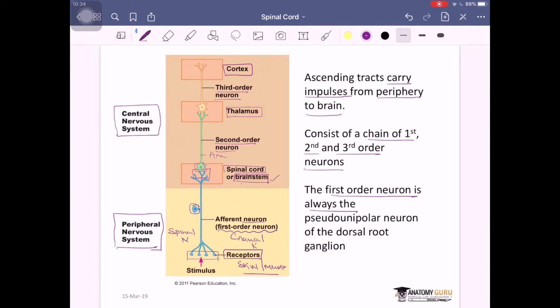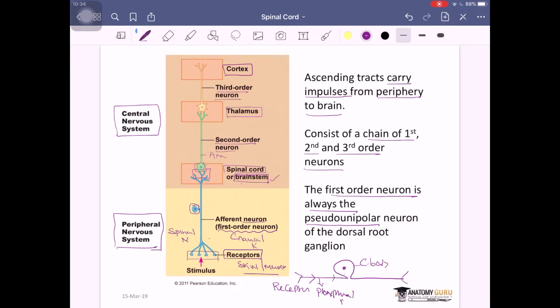The first order neuron is always a pseudo unipolar neuron. You see the picture which is shown in blue color. A pseudo unipolar neuron will not have a very identifiable axon and dendrite. Instead, it will have a cell body, and there are two processes. A process which is getting information from your receptor, like your skin, because it is coming from the periphery, we call this a peripheral process.